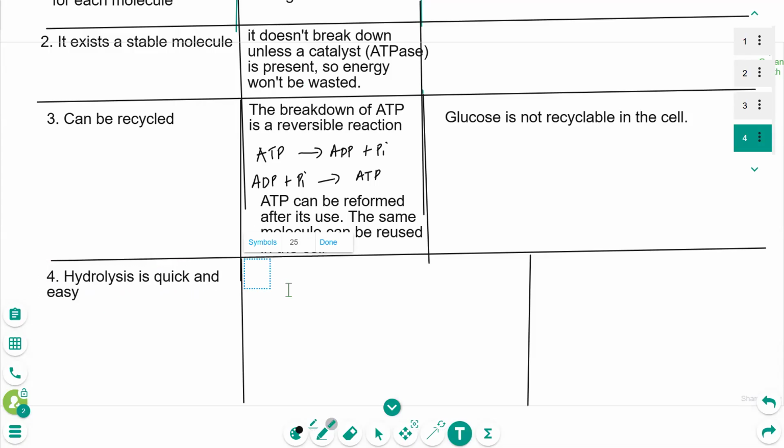And what benefit is that? This allows cells to respond to sudden increases in energy demand.